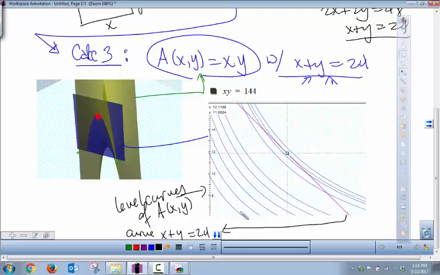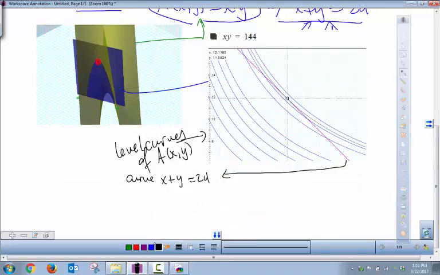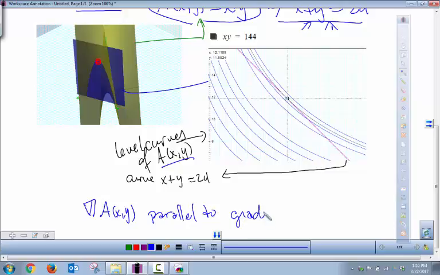And then what we're going to say is that it looks like from here, it kind of makes sense to have the gradient of this because this is a function of x, y. So the gradient of a of x, y should be parallel to, not equals, parallel to the gradient of x plus y equals 24.